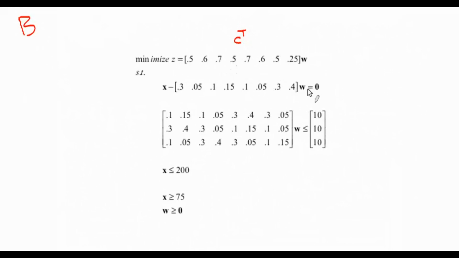This vector that transforms beam weights to tumor voxel doses is A sub T. This matrix here is A sub n. The right-hand side over here is Y superscript U, and then we have X superscript U and X superscript L. And that is the statement of the reduced primal model for the data presented in this question.